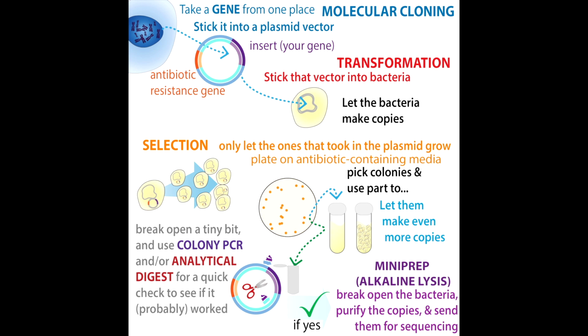And this will also be able to grow because it also has the antibiotic resistance gene. So what we need to do is make sure that we choose bacteria that actually have our gene of interest. So we do the transformation.